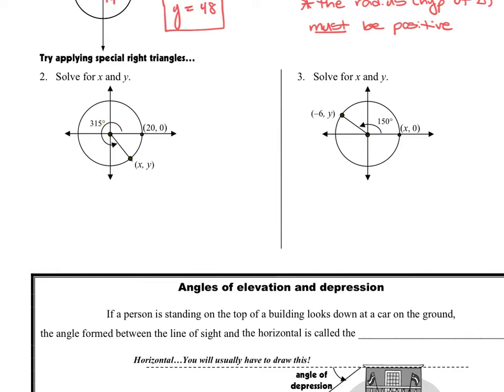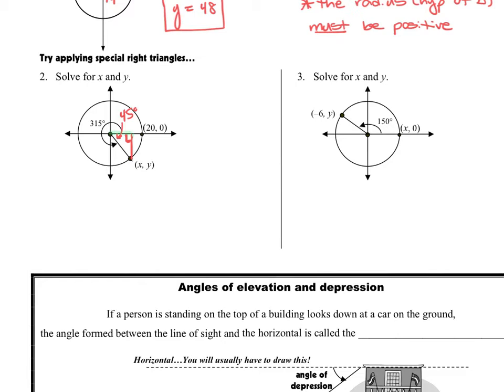Well, we understand that the circle has to be 360 degrees, so we know that this remaining angle right here has to be 45 degrees. What we want to do is turn this into a triangle similar to what we had up above. So we're going to draw in a perpendicular, and we're going to make sure that the right angle is on the x-axis.